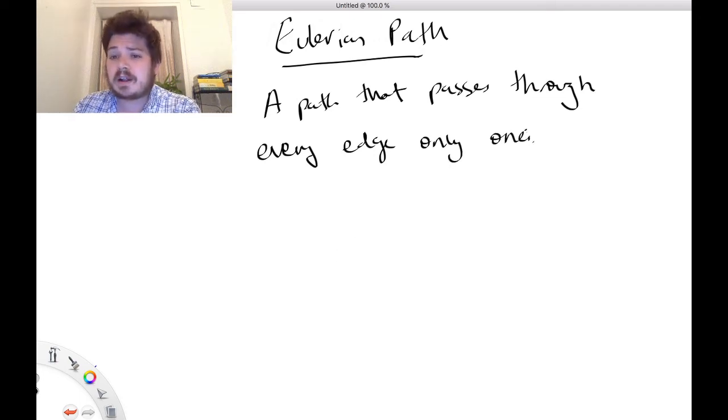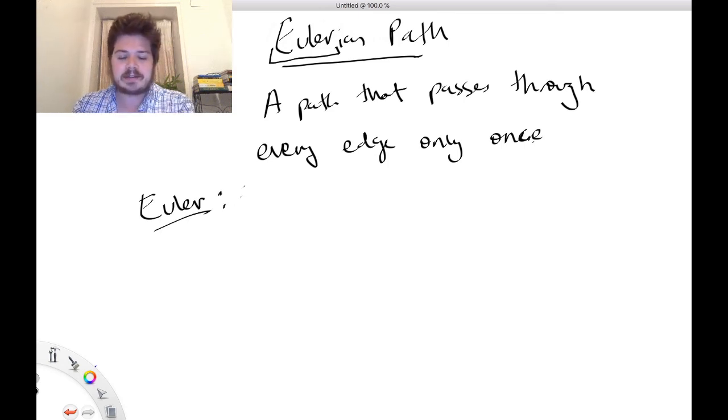So why is it called an Eulerian path? Well, it comes from the name Euler. Euler pretty much founded graph theory.